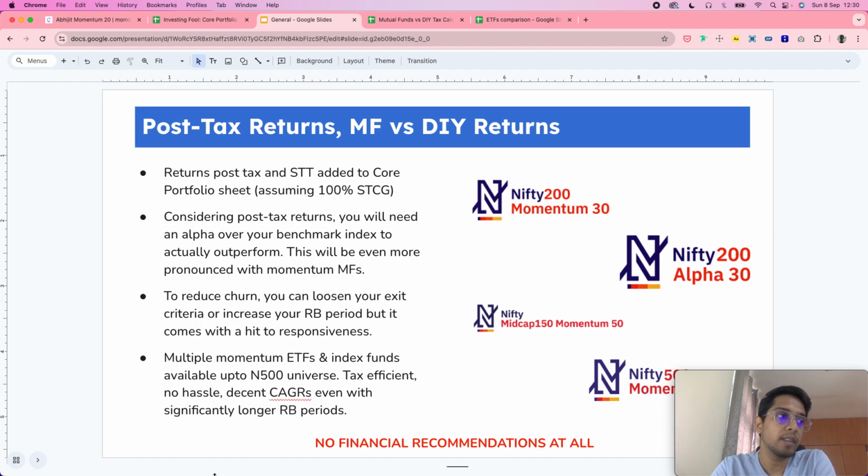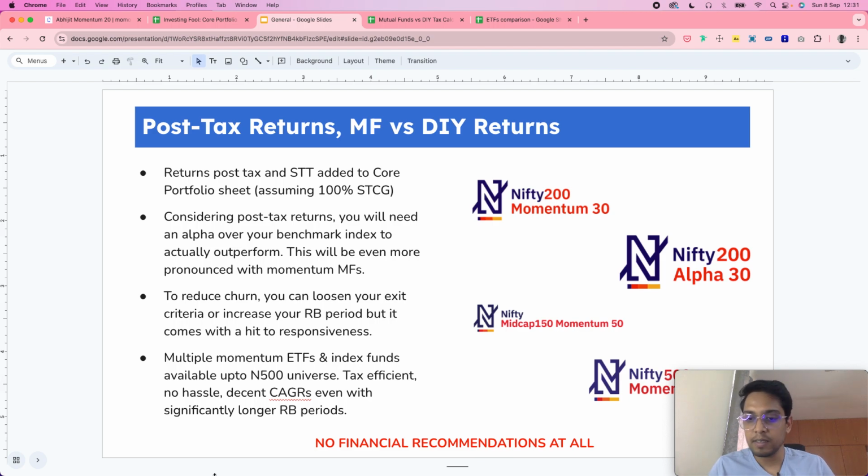We can look at creating a new portfolio based on a wider universe also. So if you want shorter rebalancing, if you want a wider universe, if you want some other filters that you think could have an alpha, then please go to DIY.